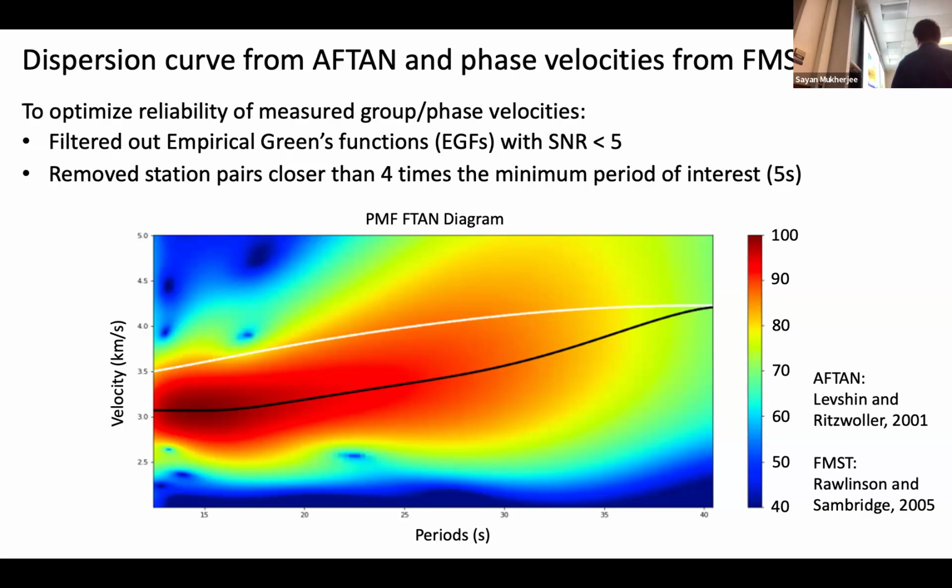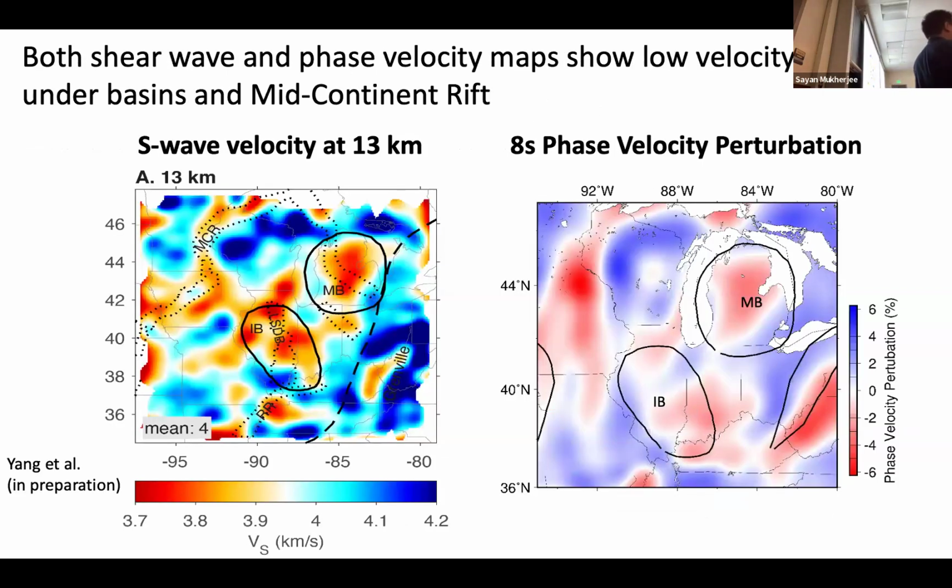This dispersion curve shows quite beautiful dispersed features at higher periods. So again, our work is quite robust. And here is just more validation of our results. Here we compared the shear wave velocity at 13 kilometers with the phase velocity perturbation at 8 seconds.